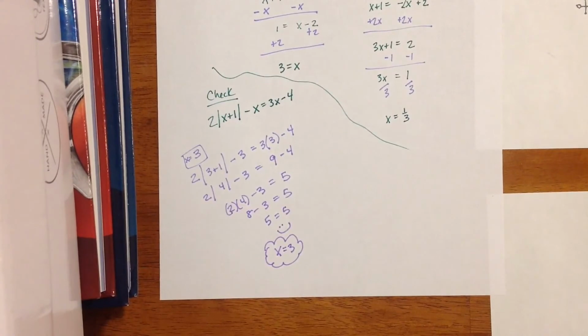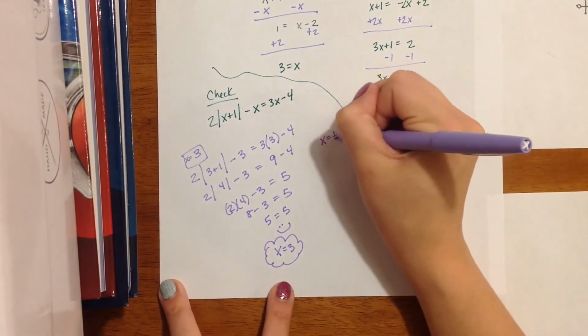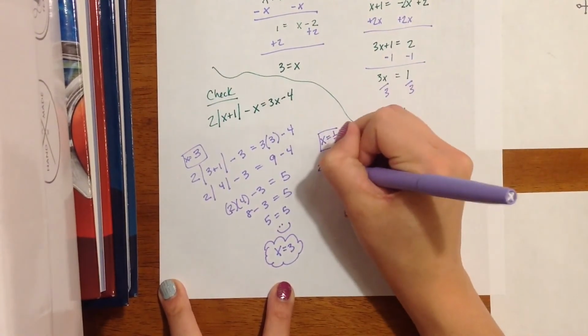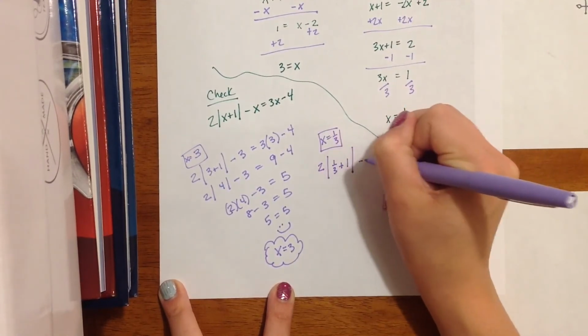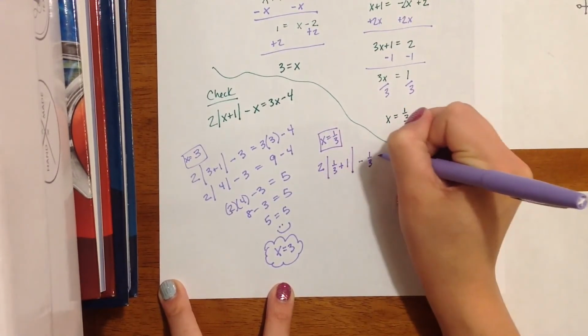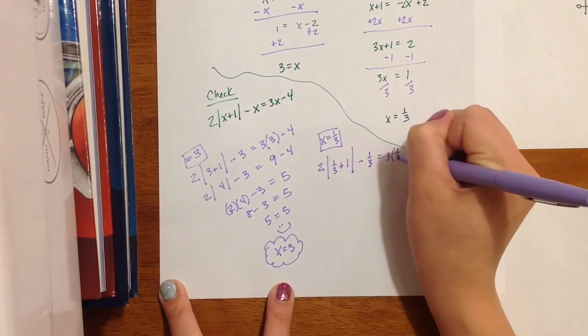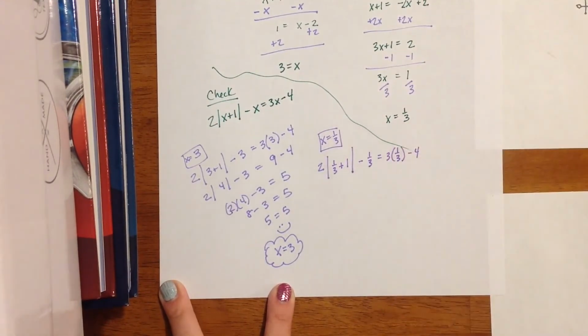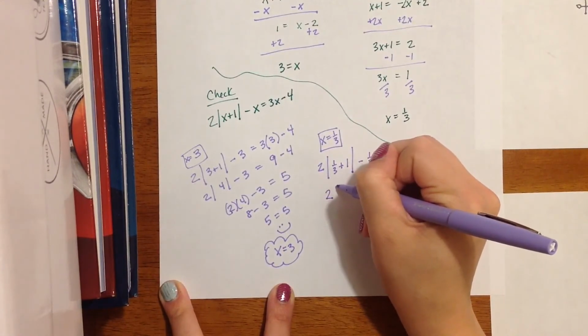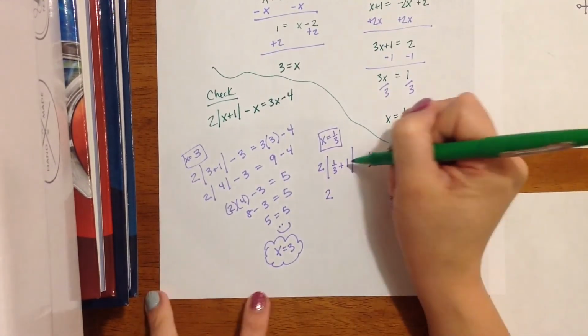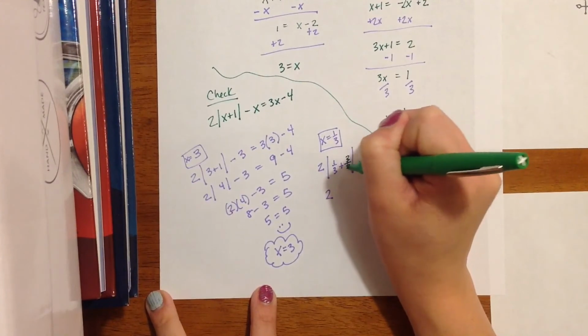That's good. Now let's check x equaling 1/3. I have 2, absolute value of 1/3 plus 1 minus 1/3 equals 3 times 1/3 minus 4. So I'm going to have 2, and I'm going to go for fractions here. 1 is really 3 over 3.